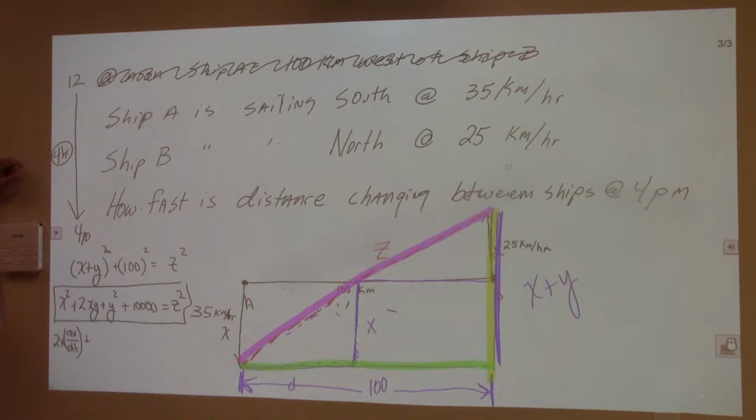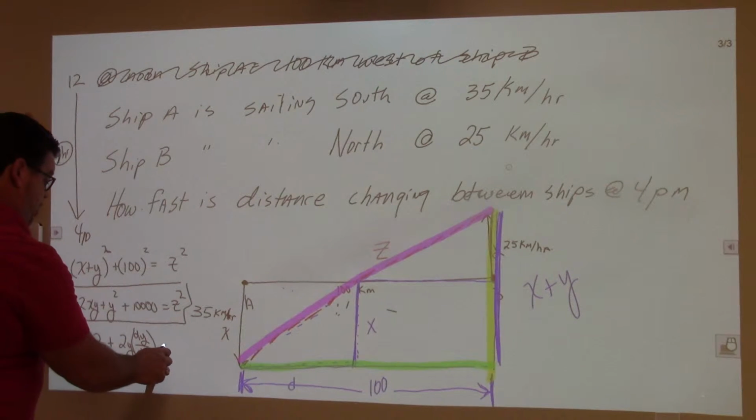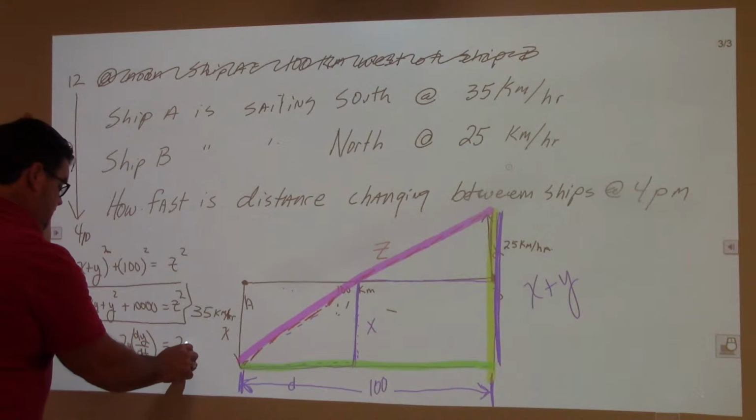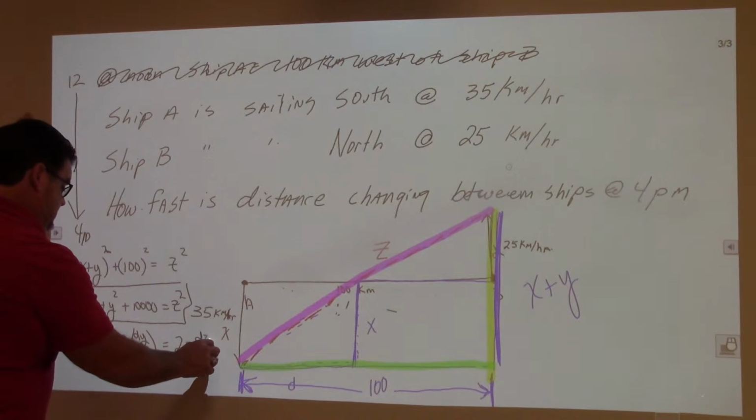And what's 2 times 1? So the answer there is 2. Plus 2y dy/dt plus 0 is equal to 2z dz/dt.